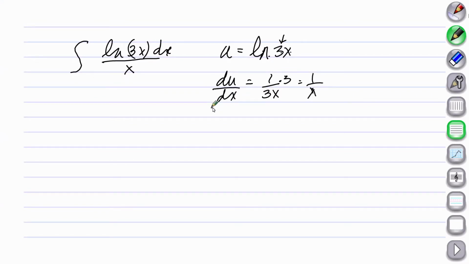And then I'm going to move this up to the top, dx. Okay, so let's see if I have this now in order. This right here is u, takes care of that. And the dx over x, this part right here, is du.